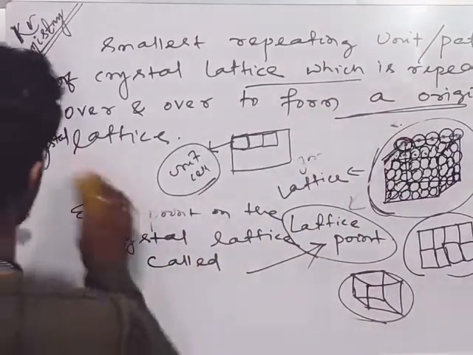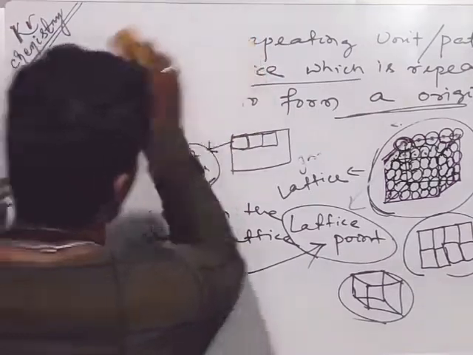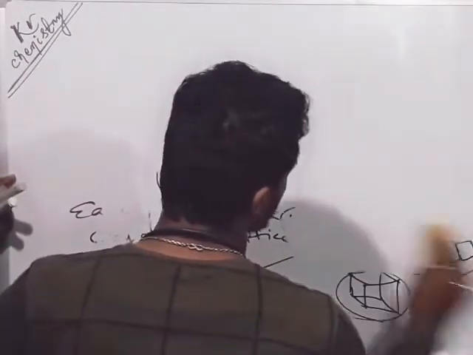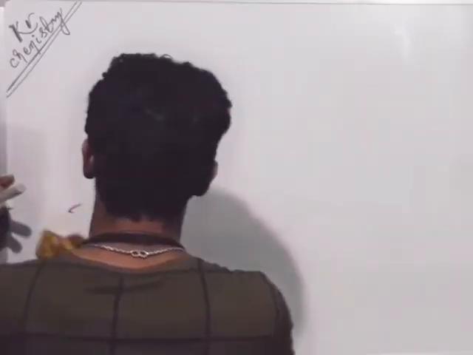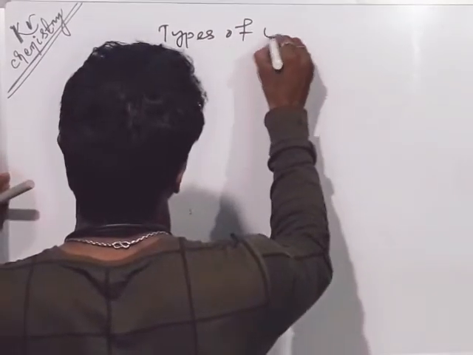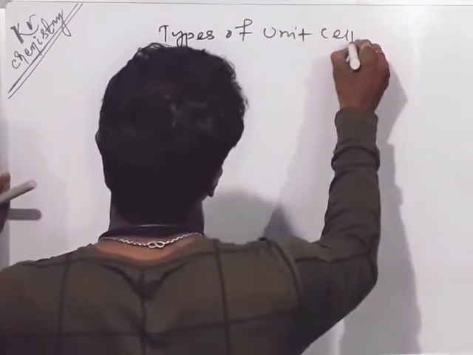Let's discuss the different types of unit cell. We saw what the crystal lattice, unit cell and lattice point are in the previous diagram. Now we see the types of unit cell.